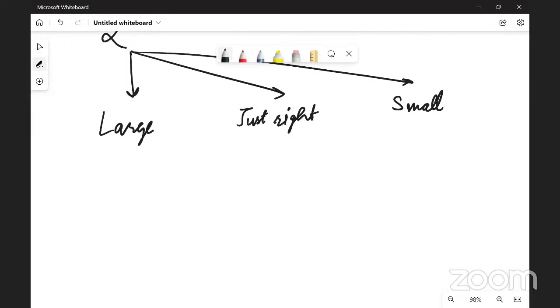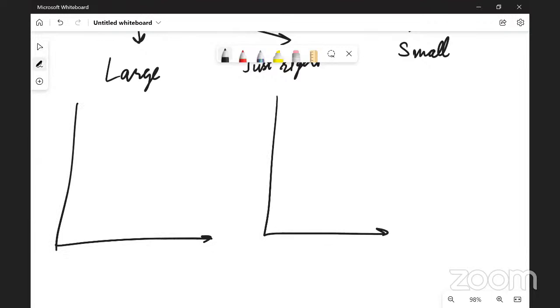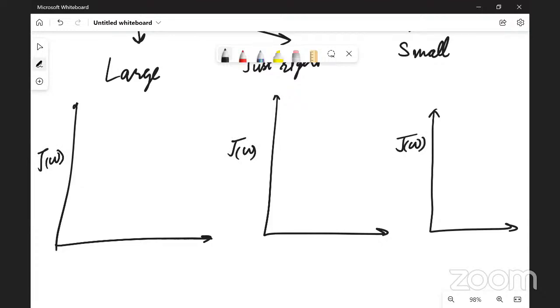That is what has also been covered in the content. So can anyone tell me how it looks for just right, large and small? Imagine on the y-axis there is the loss function J(w), and on the x-axis we have alpha.